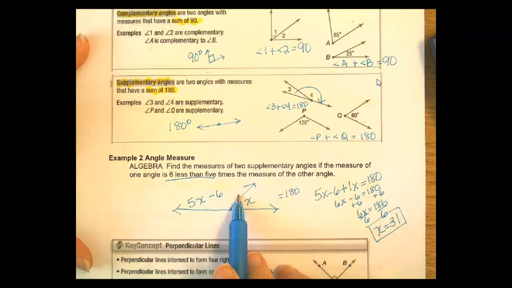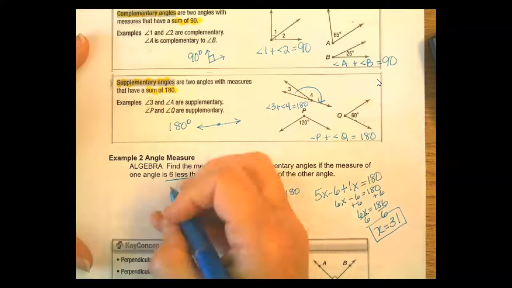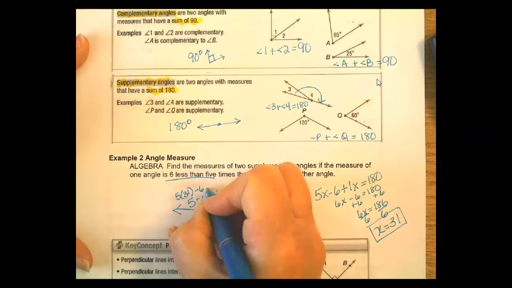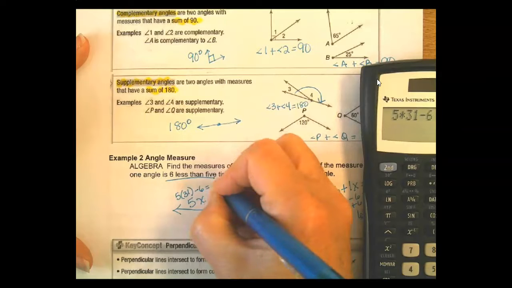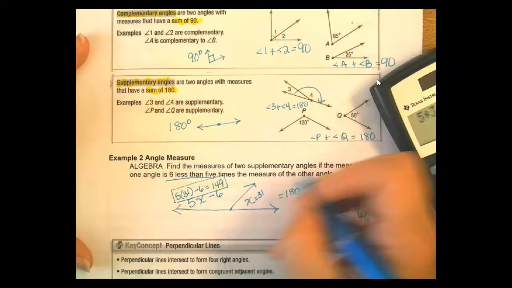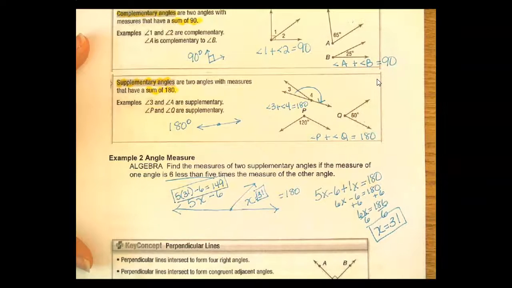So this one here is equal to 31. This one up here, I'm going to have to say 5 times 31 minus 6, which is 149. So these would be my answers.